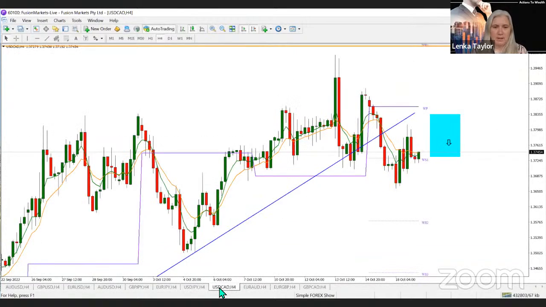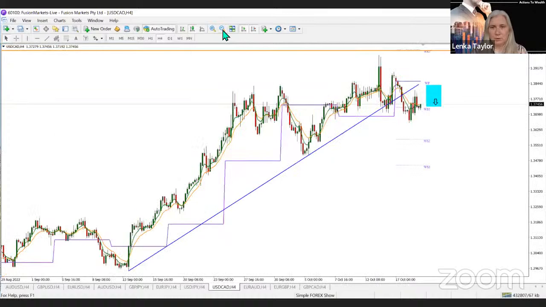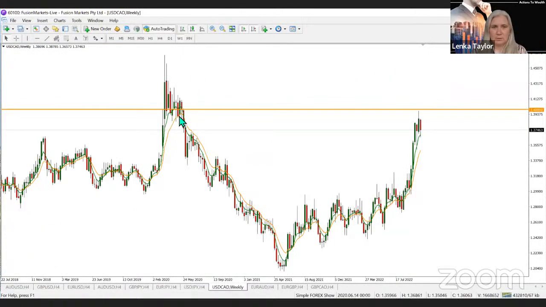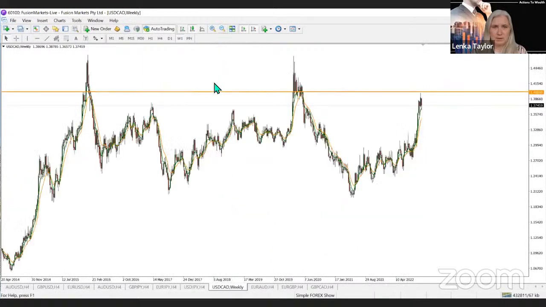Next currency pair is USDCAD, and USDCAD I'm looking for short. So where we are in terms of the price action, we're just at that point where we had some previous levels of stickiness or resistance.